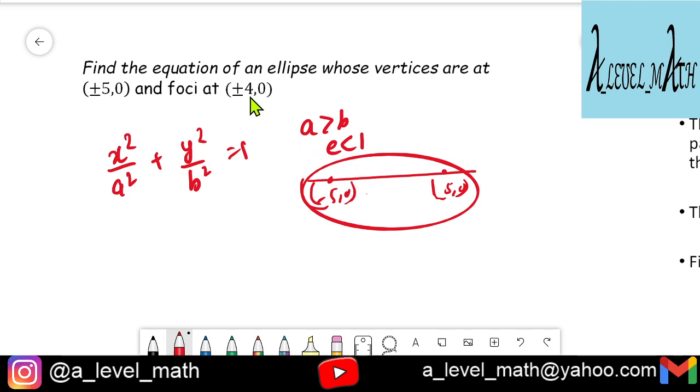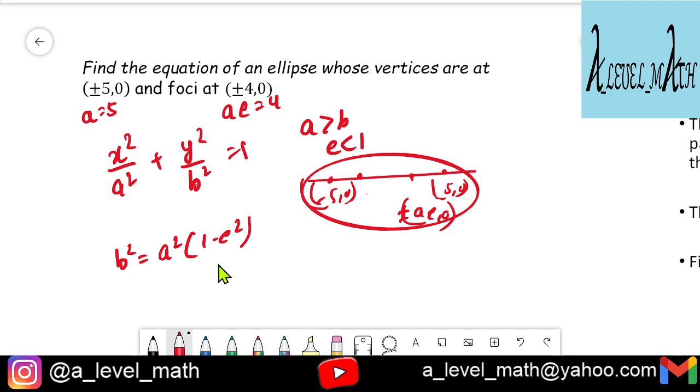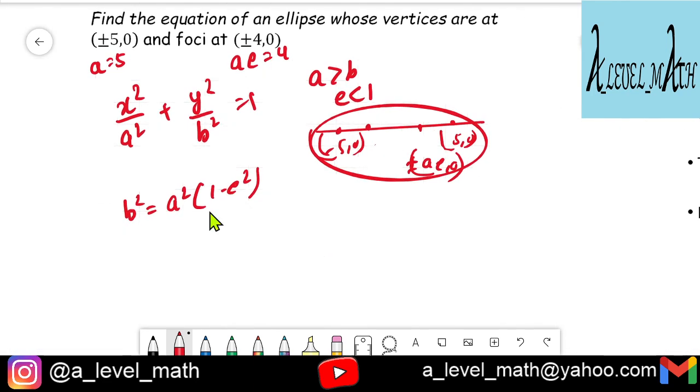Now the foci are at plus minus 4 comma 0, so it's over here and here. Remember that the foci are plus minus ae comma 0. So if I compare these, I get my a to be equal to 5 units, my ae to be equal to 4 units. So if I have a and I have ae, I can use this equation b square is equal to a square into 1 minus e square to figure out the value of b.